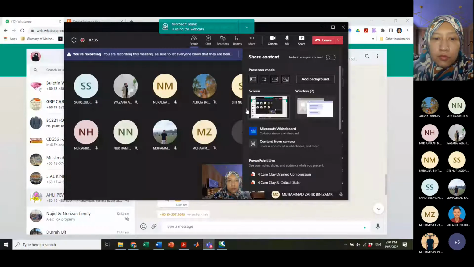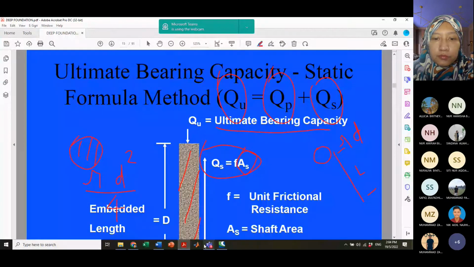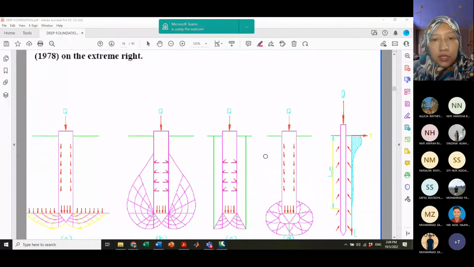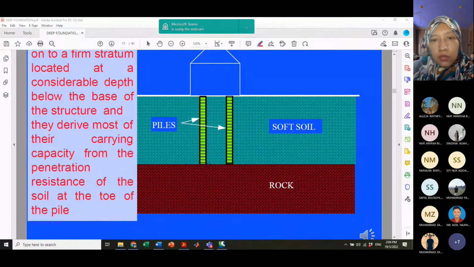Meanwhile, for friction piles, the load is transmitted to the soil through the addition of frictional resistance along the shaft of the piles. So by looking back to this image on the differentiation between the skin friction and the end bearing pile, you may see that its function may be different according to how it's carrying the load.